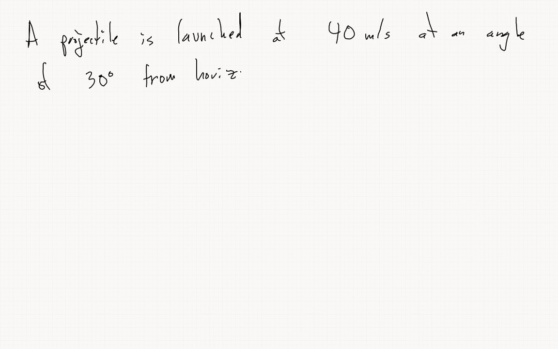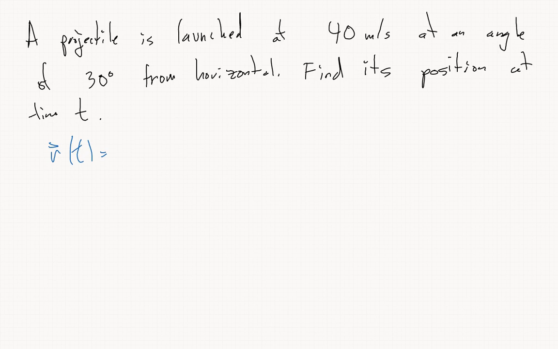And we want to find its position at time t. So our equation is r of t is v0 cos alpha t i plus (v0 sine alpha t minus g t squared over 2) j.